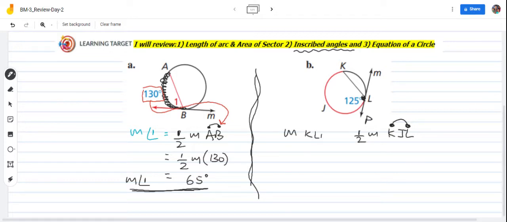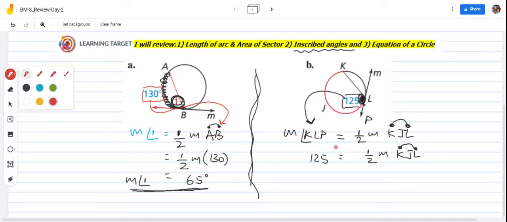So, measure of KLP. In the previous question, there was a number. So here there is no number. Instead of that, I'm taking KLP. You can see that this is KLP, right? So this angle value goes here. So 125 degrees equals one half of the measure of KJL arc.